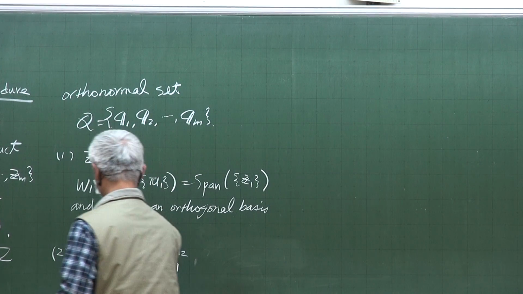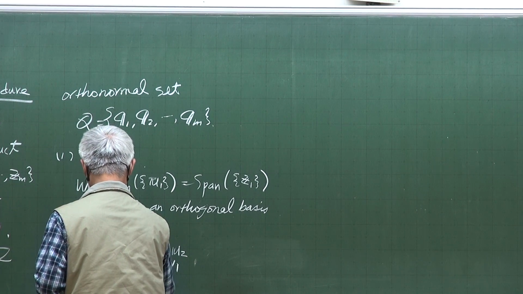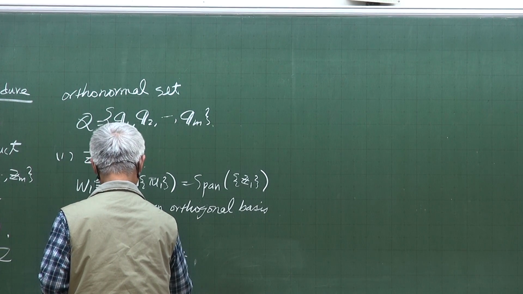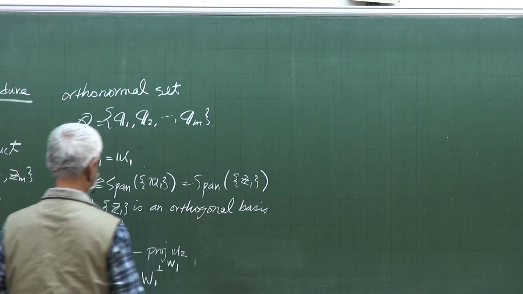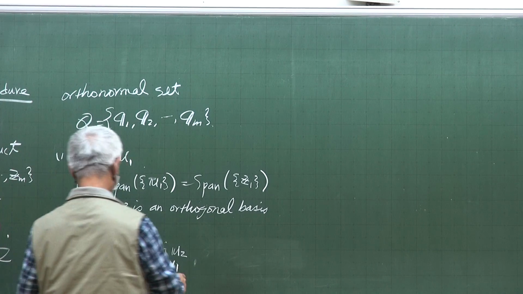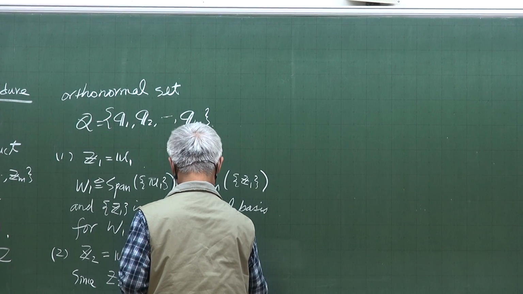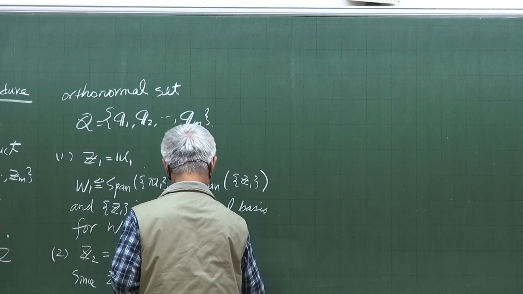Since Z2 is in the orthogonal complement of W1, alright? So Z2 is orthogonal to Z1.